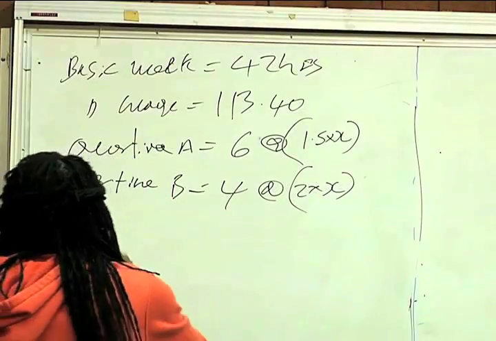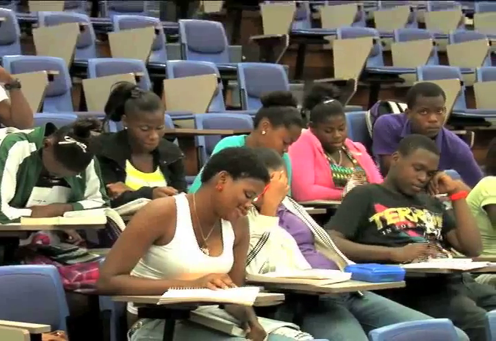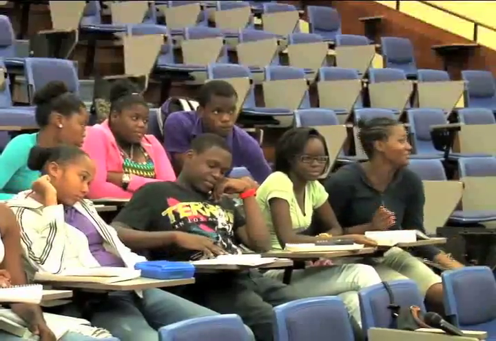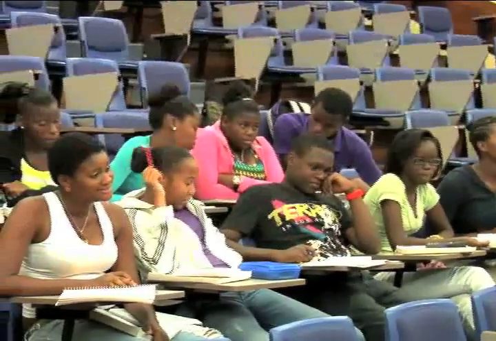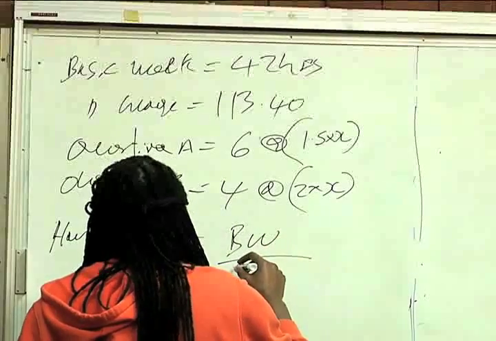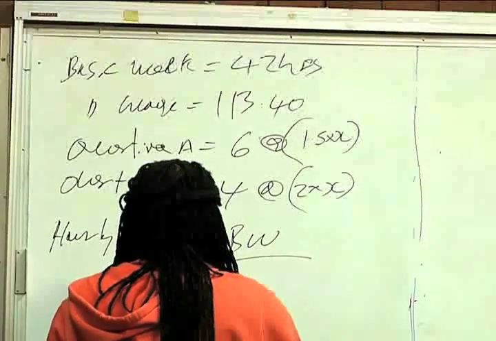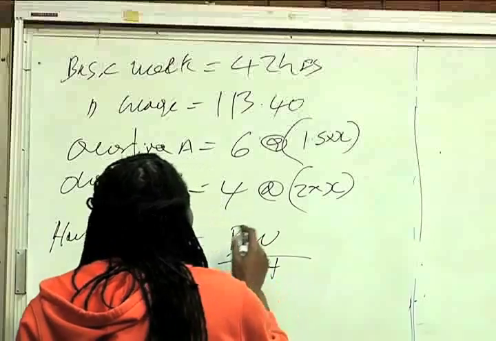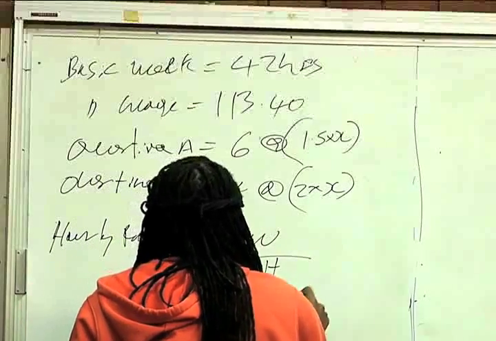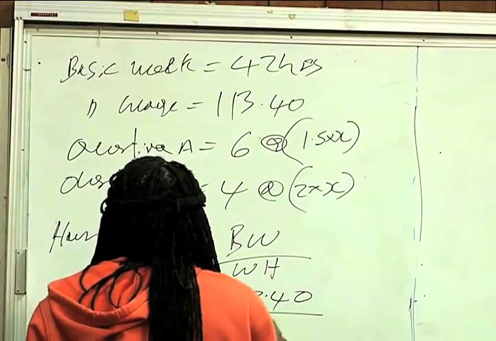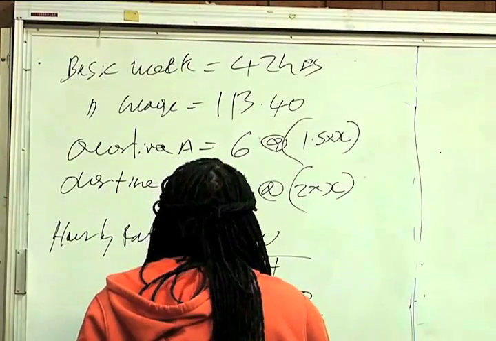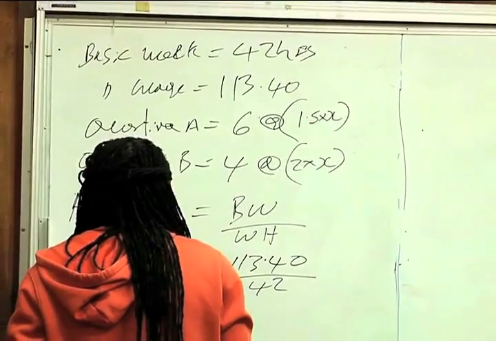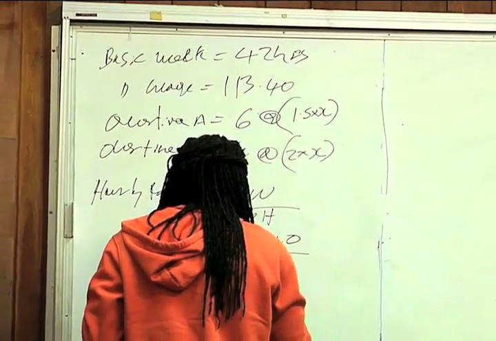But we can find his hourly rate. The hourly rate is equal to his basic wage over weekly hours, which is 113.40 divided by 42, equal to 2.70.